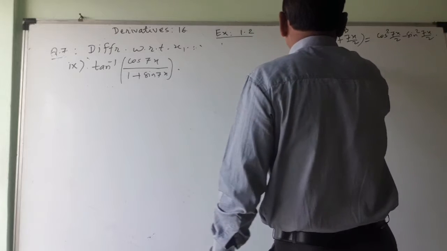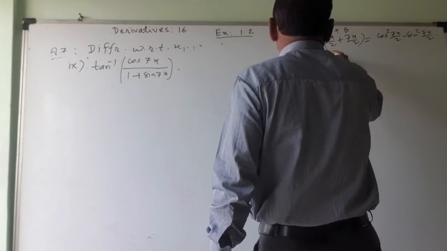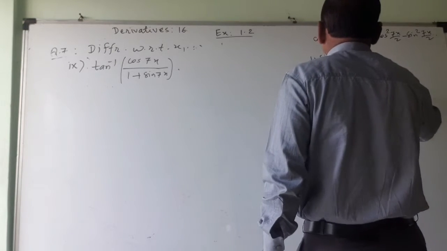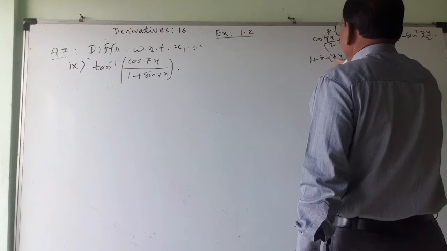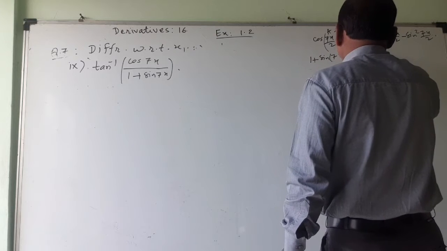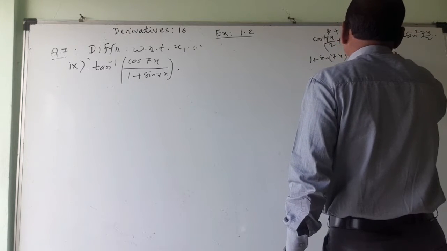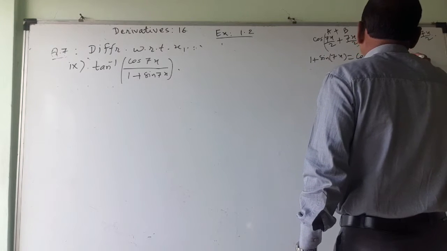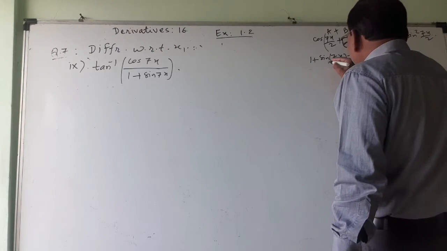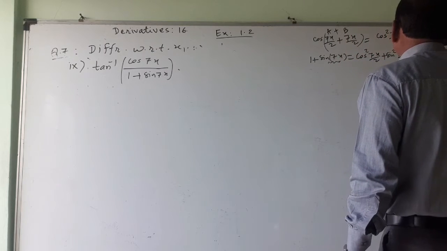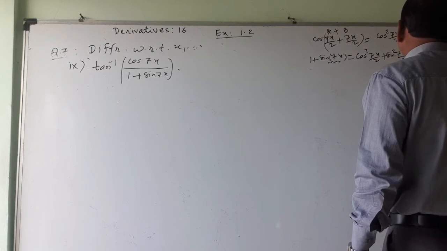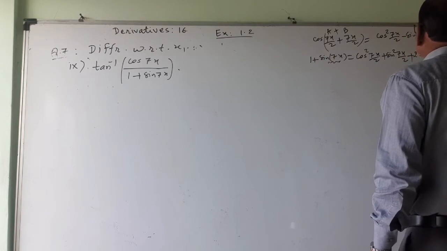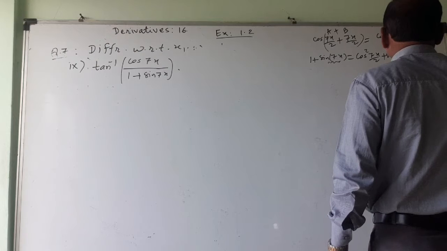Now this 1 plus sine of 7x, this is sine 2 theta. So cos square 7x by 2 plus sine square 7x by 2 plus, and for this 2 sine 7x by 2 into cos of 7x by 2. This I will write properly.